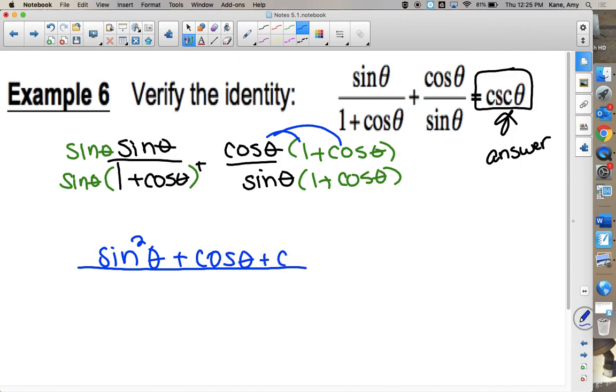Right. Okay, so using the common denominator, sine times sine on the left gives us sine squared. I just combined this as one fraction since right here I have my common denominators, and then just multiplying that through, cosine times 1, cosine times cosine. That's the top. What would the bottom say?